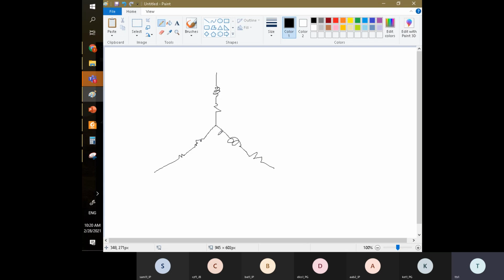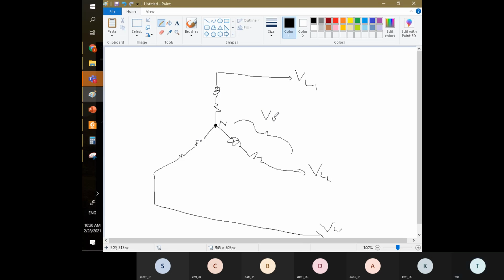So on the star system, we know that they have a common point here, a common node, we call the neutral. And this output here is called the line voltage. This is called the line voltage 1, 2, and this is line voltage 3. And this voltage over here is called the phase voltage.